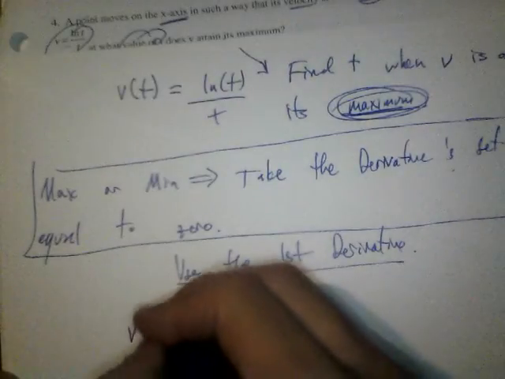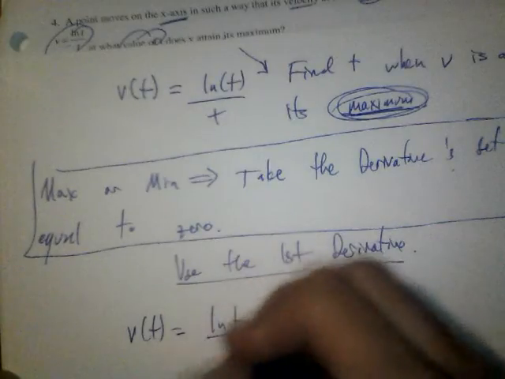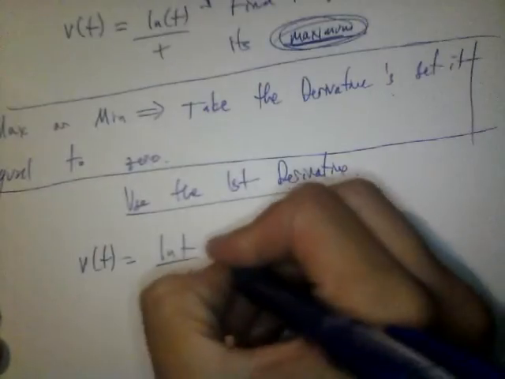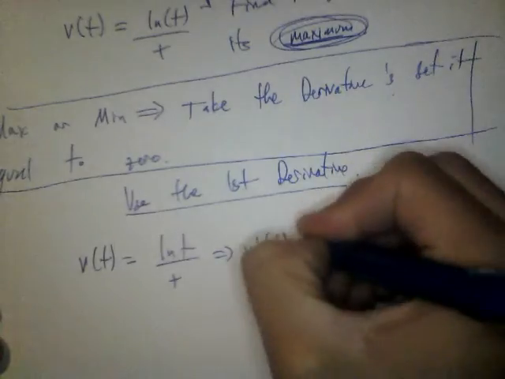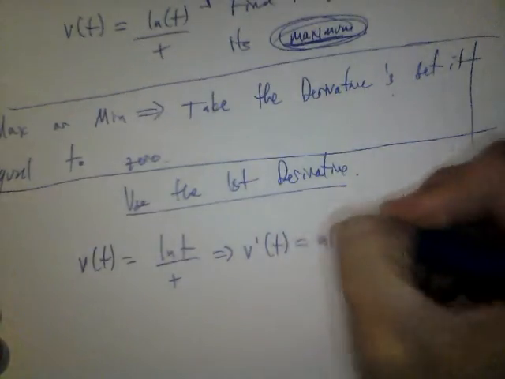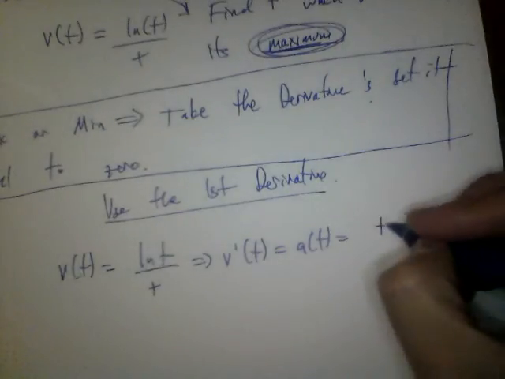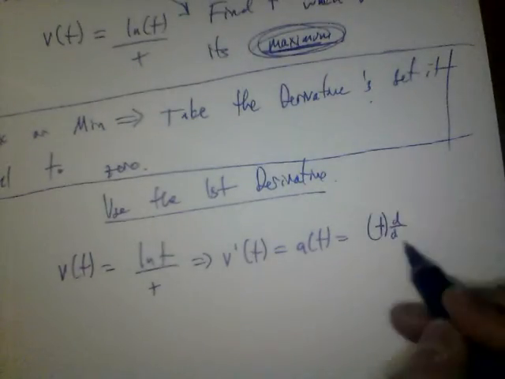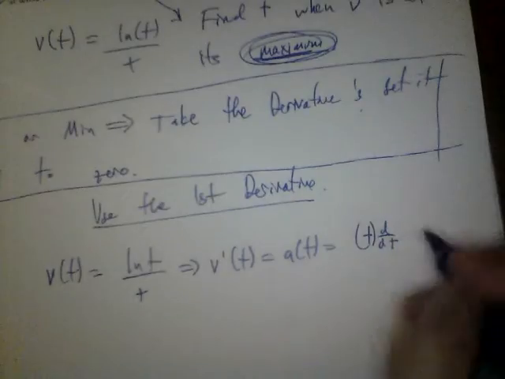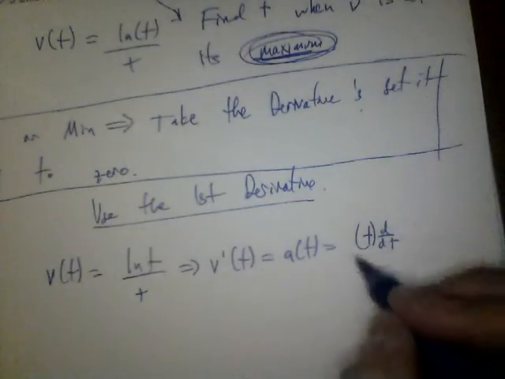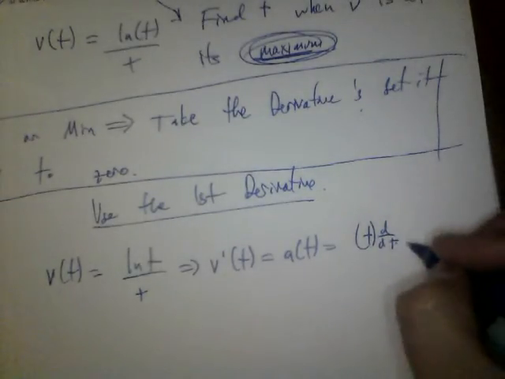So we know v of t is equal to ln of t over t, so this implies that v prime of t, which is the same as a of t, is equal to, this is the quotient rule, low d high minus high d low. Notice I'm writing d dt because all of these are t's, so I'm taking the derivative with respect to t.